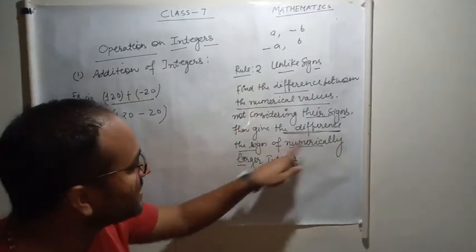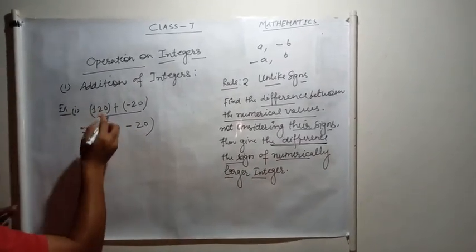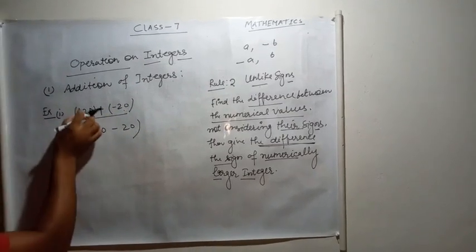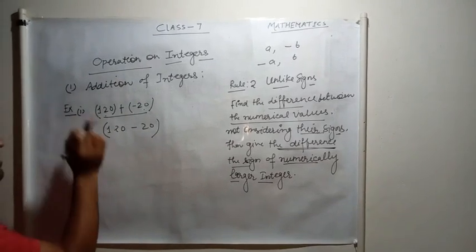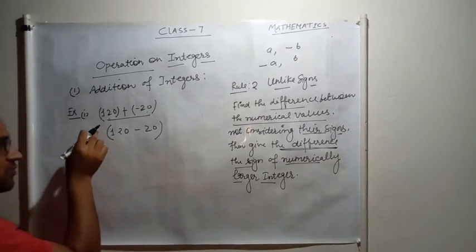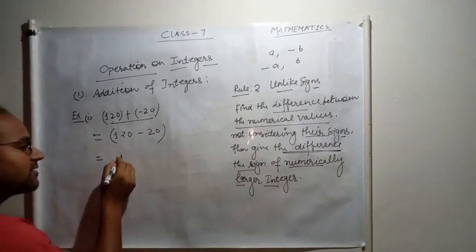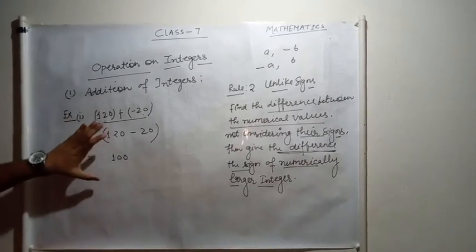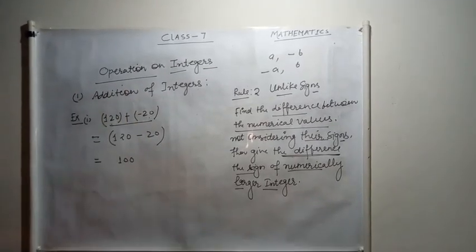Then give the difference the sign of the numerically larger integer. Which is larger, 122 or 20? 122, and its sign is positive, so we don't write it. 122 minus 20 is 102. This is the first example of adding two integers of different signs.